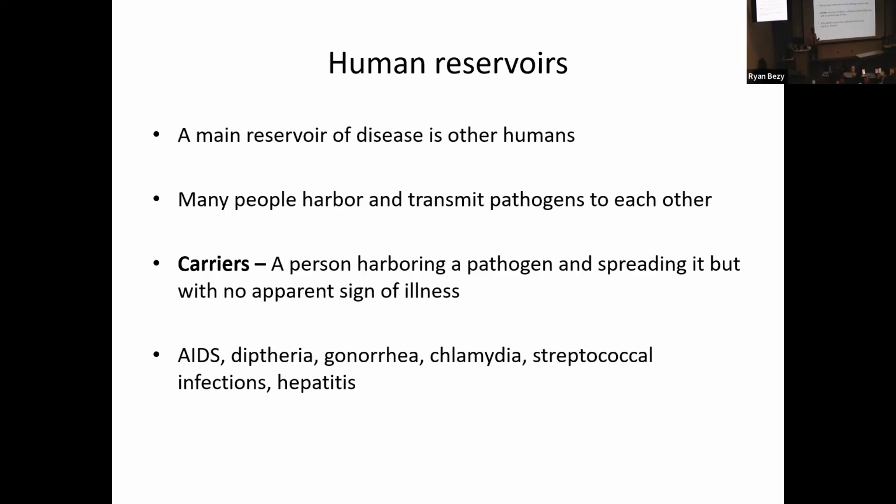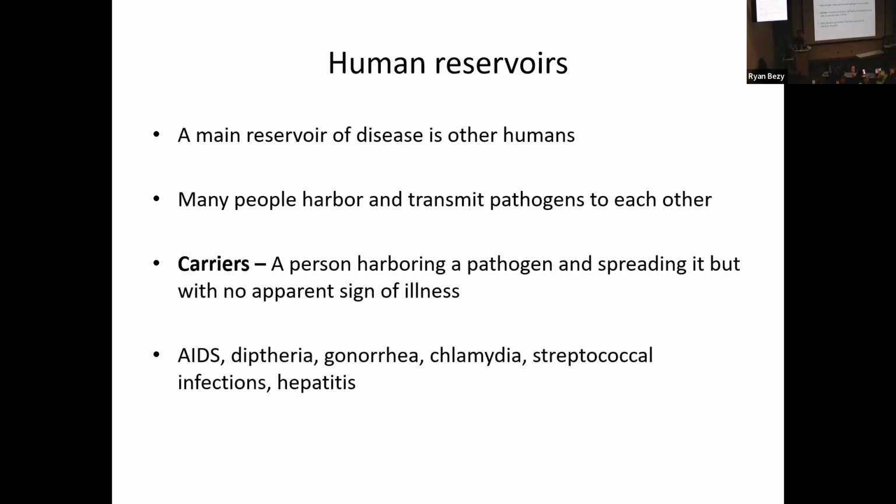Most of the time, people are spreading the Streptococcus pyogenes bacteria to other people before they have any noticeable symptoms or a sore throat themselves. Somebody with a strep throat infection can be spreading it for days before they have any noticeable symptoms. Okay? Hepatitis. There's a number of different examples of this.